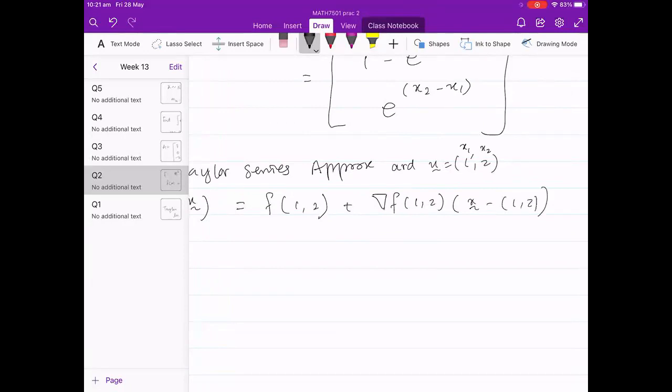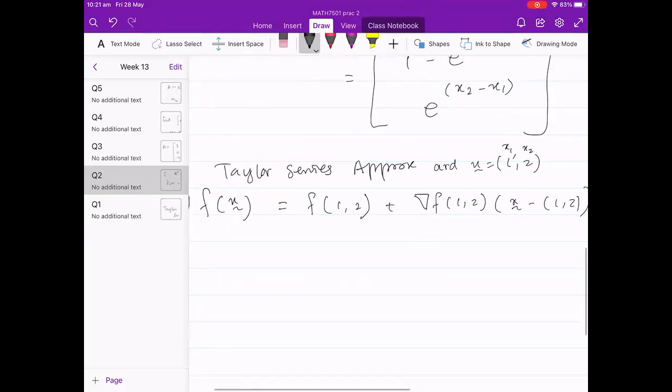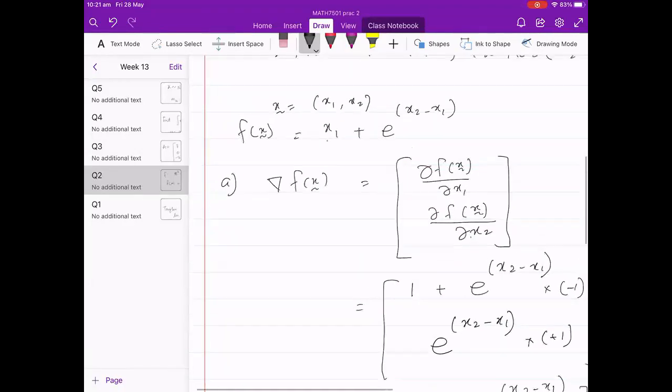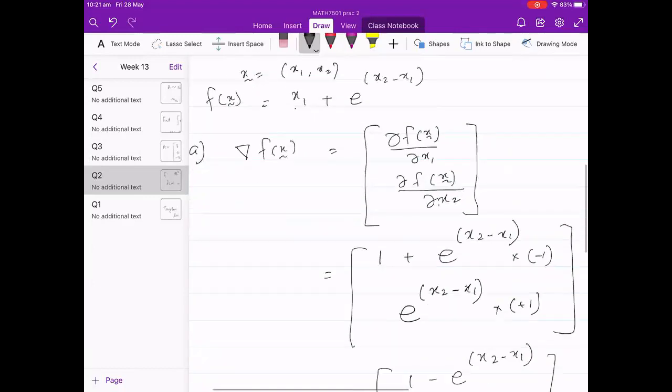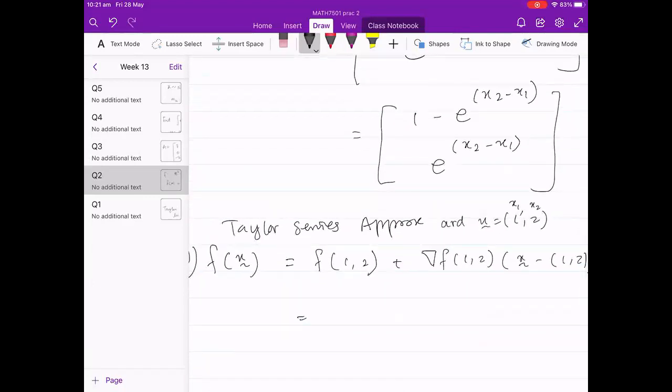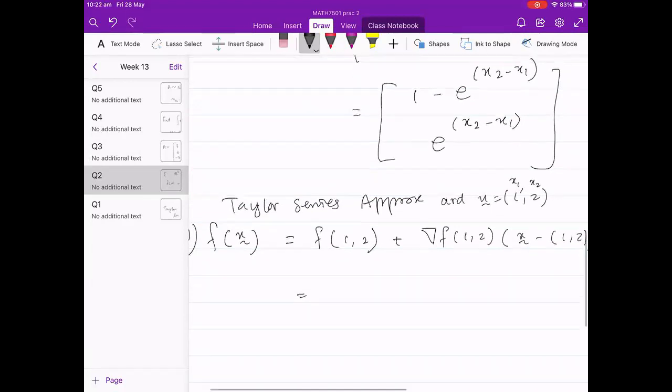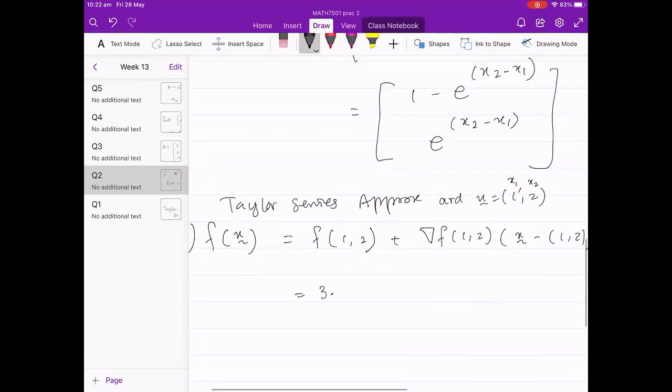Okay, so that's what we are going to do. For the first one, you substitute x1 equals 1 and x2 equals 2 in the formula, and I got 3.71828.